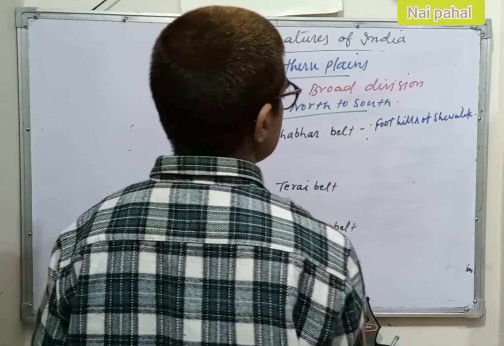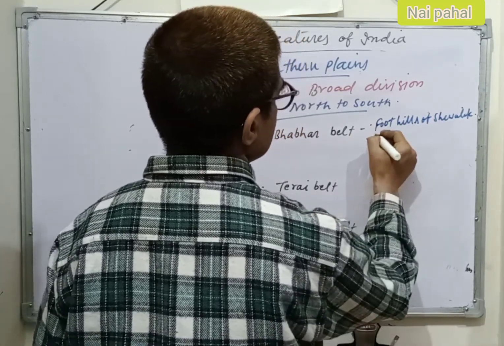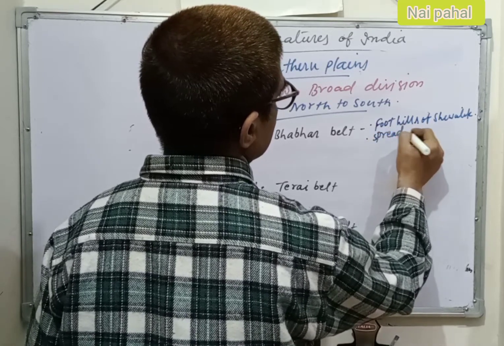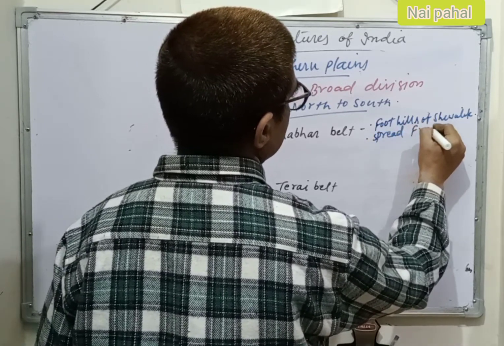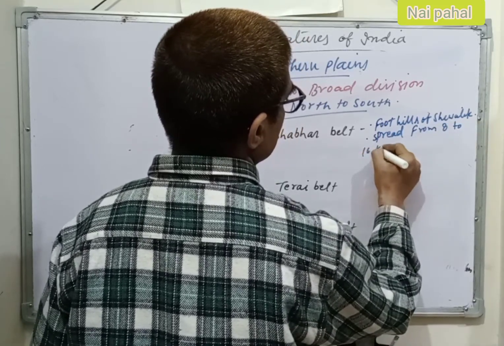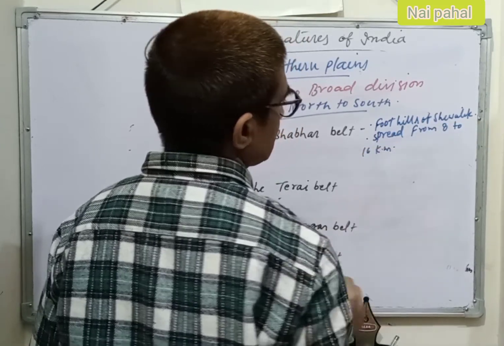Next, this Bhavar Belt is spread from 8 to 16 kilometer. Clear?